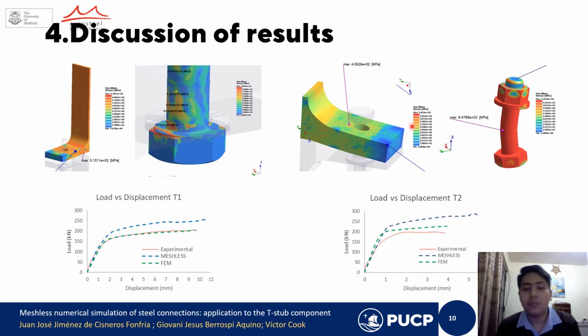In the case of T-stub T2, the maximum stress was around 400 megapascals near the hole in the flange, and 947 in the bolt.